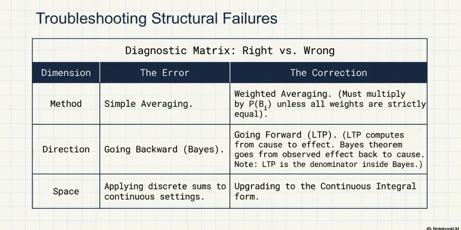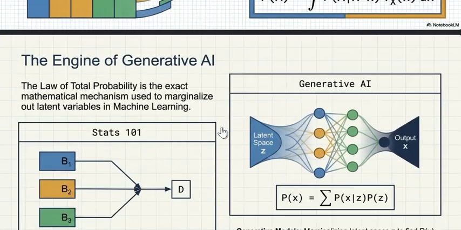The law extends to countably infinite partitions, but you need the series to converge. In continuous cases, you use the integral form. Sometimes we incorrectly apply the discrete sum to a continuous setting. So just note that.